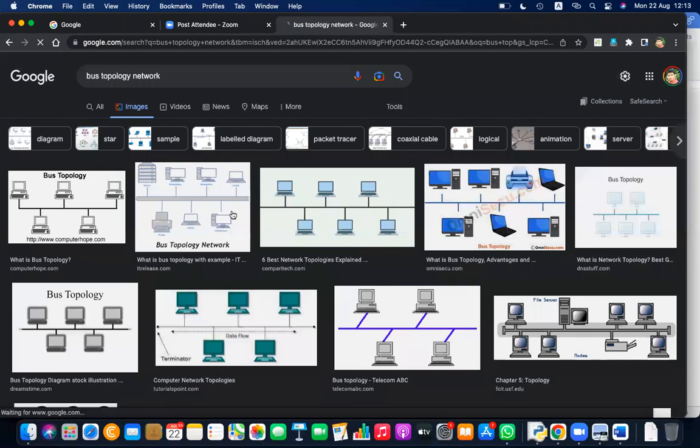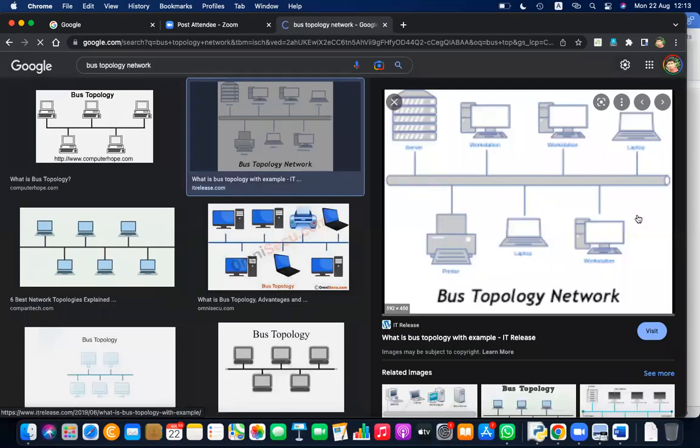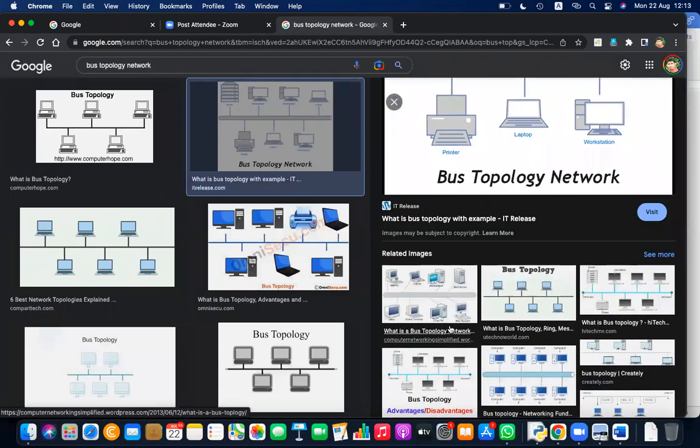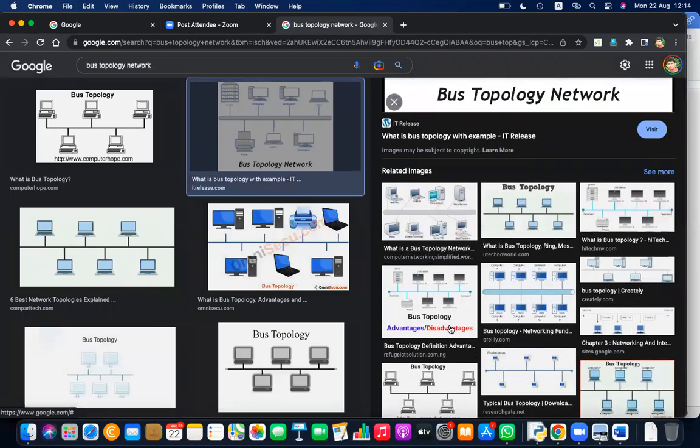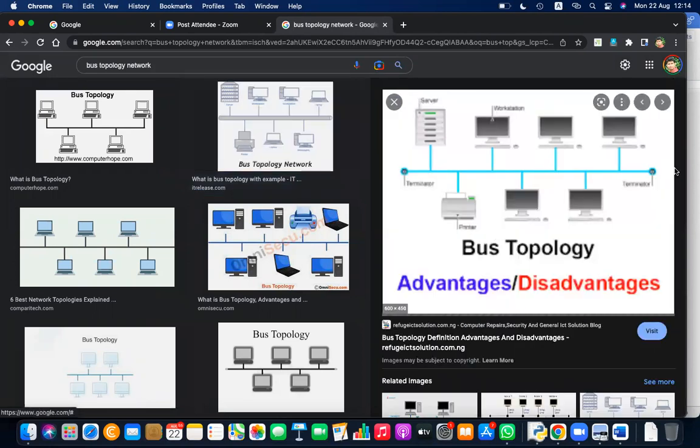There is a central line in the bus topology, and the computers are connected to this main line. All the computers, servers, printers, whatever network devices, are connected to this central line.